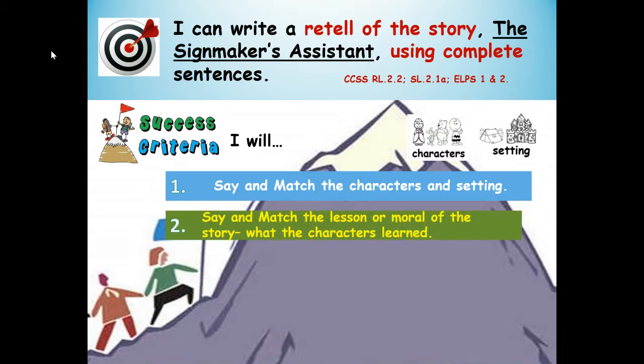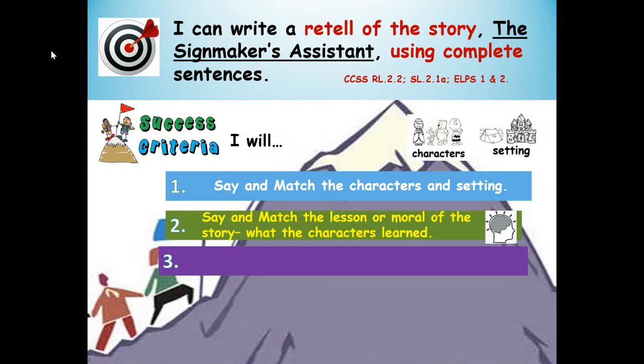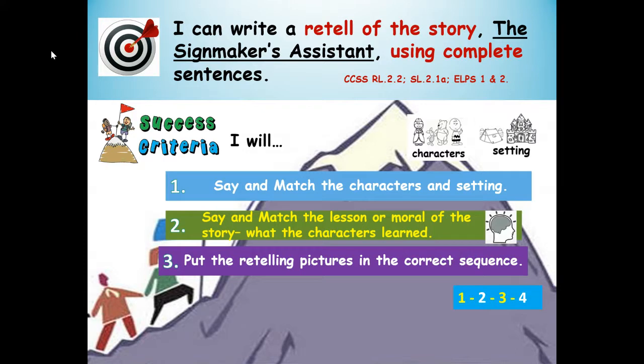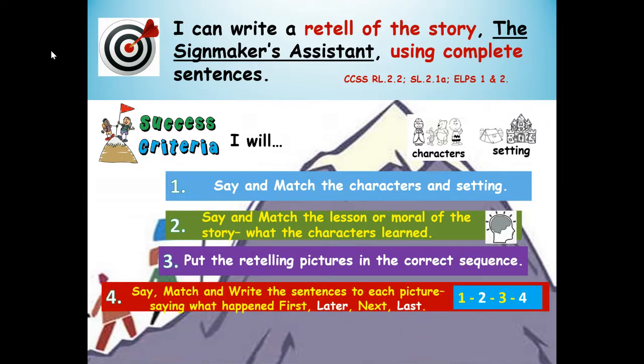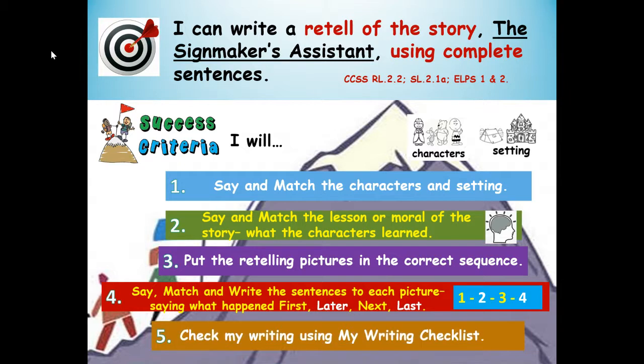Number two, I will say and match the lesson or moral of the story, what the characters learned. Number three, I will put the retelling pictures in the correct sequence or order. Number four, I will say, match, and write the sentences to each picture, saying what happened first, later, next, and last. And then finally, you're going to check your writing using my writing checklist.